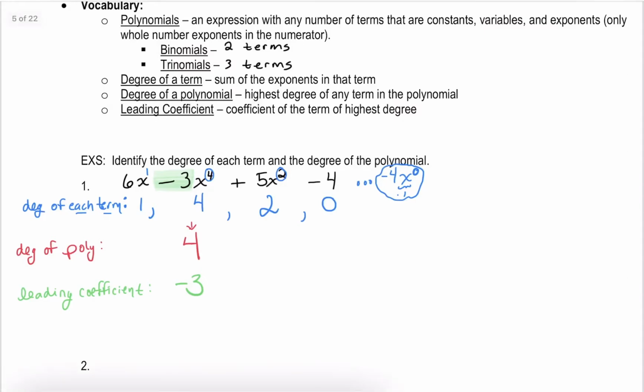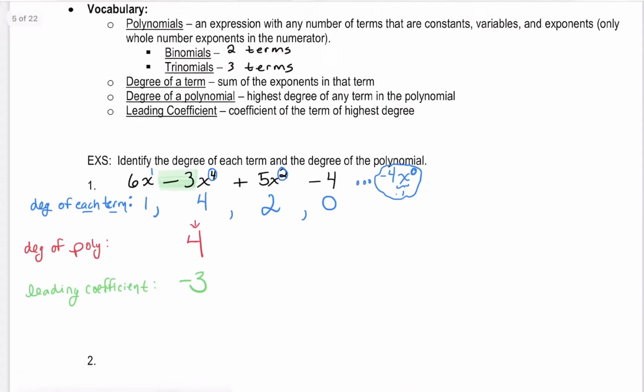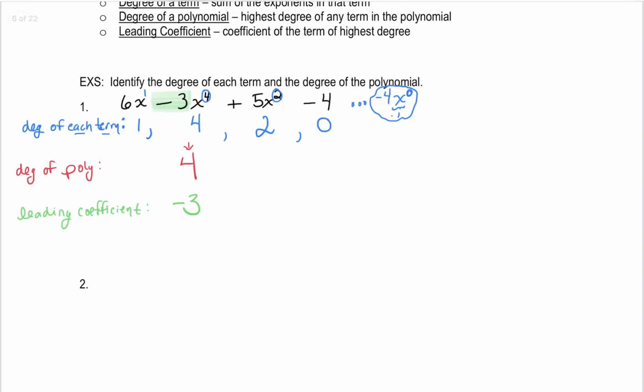Okay, so let's look at another example, just one more. On this one, suppose we had maybe 3x to the 4th minus 2x cubed y squared, and then plus 4xy cubed, let's say. I don't know.